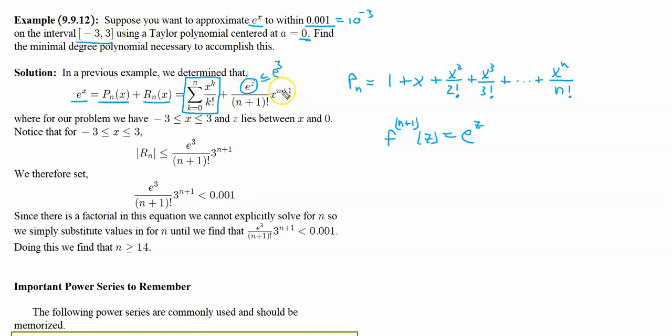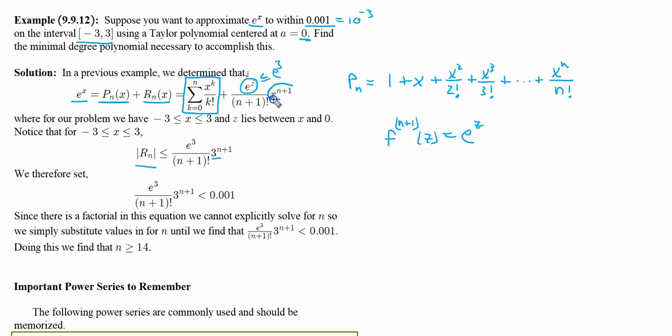Okay, so what we do now is we take the absolute value of our remainder term, right here it is. We know that it is less than or equal to e to the third power divided by n plus 1 factorial times 3 to the n plus 1. The reason we have this 3 here is because we know that the biggest x can be is 3.